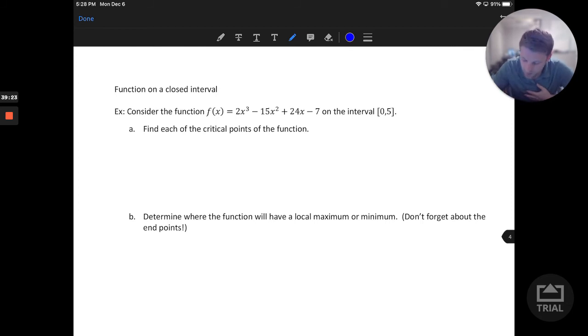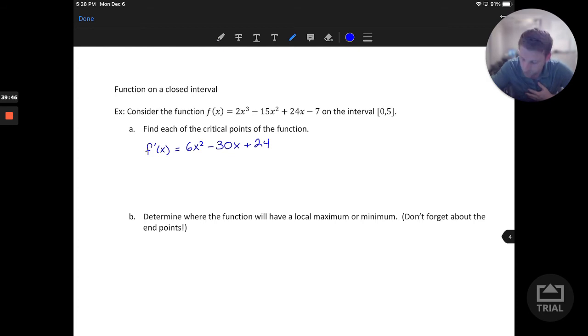So we're going to go ahead and do that. We have f prime of x defined first. We can do that with the power rule. We get 6x squared minus 30x plus 24, and then the 7 becomes a 0 in that derivative.